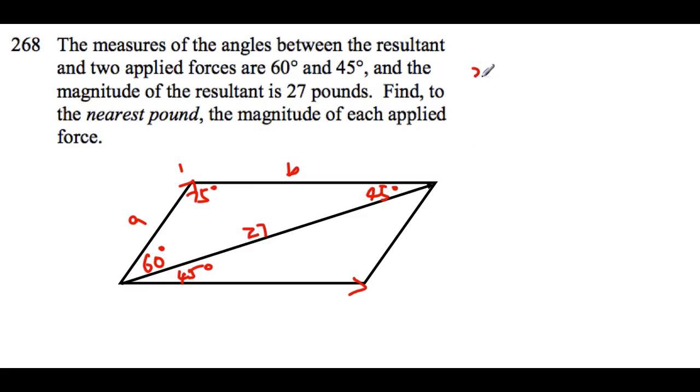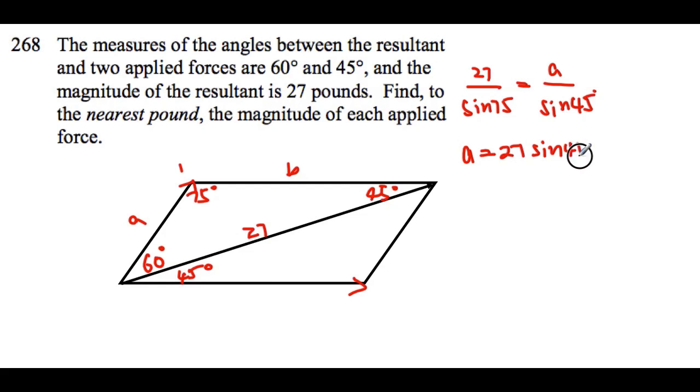Then 27 over sine of 75 must be equal to A over sine of 45. Then A is 27 times sine of 45 divided by sine of 75.